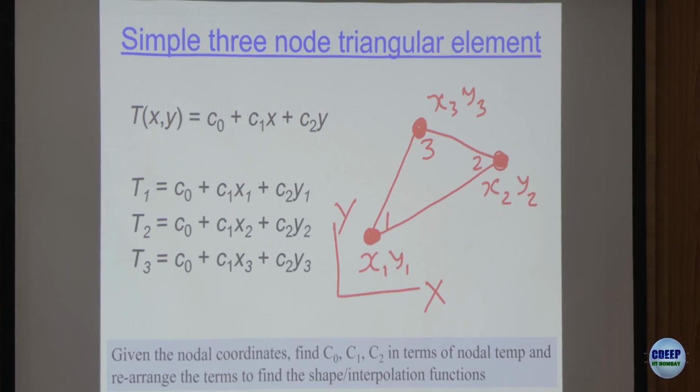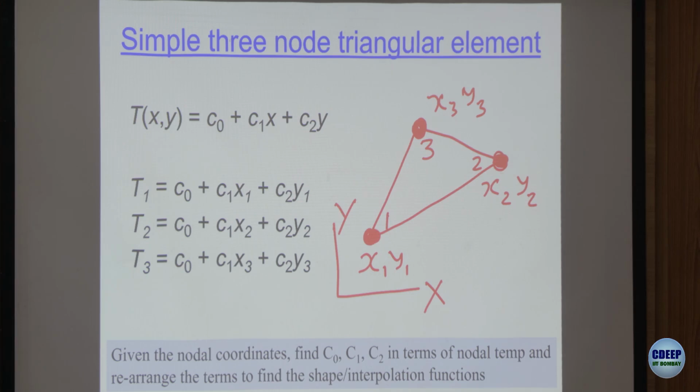So when x1, y1, it should become T1. When x2, y2, it should become T2. At x3, y3, that function that I am assuming should become T3. So I have 3 equations in C0, C1, C2. x1, y1, x2, y2, x3, y3 are known. They are the coordinates of the nodal points, so there are some known constants. That's fine. So I can find C0, C1, C2 in terms of T1, T2, T3 and rearrange the terms.